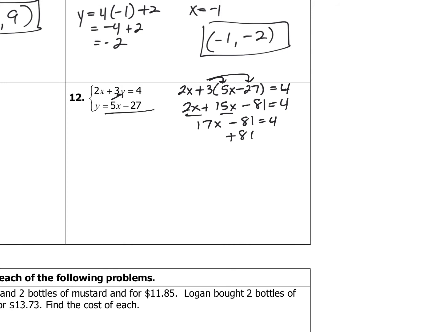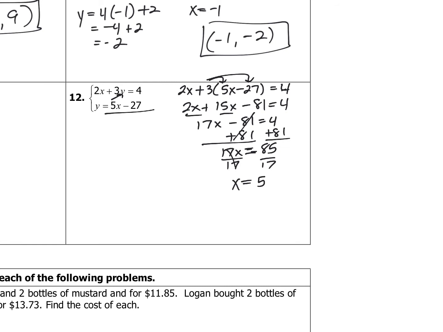And then we're going to add 81 to both sides. 17x equals 85. Divide by 17. And the answer is x equals 5. Once you get what x equals, substitute it back in.